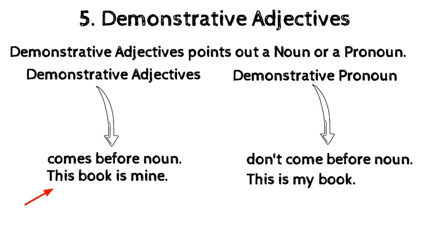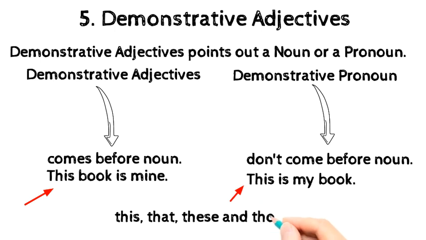So here in this example, the word this is a demonstrative pronoun, and it is followed by an auxiliary verb, that is. So this is one of the examples of demonstrative pronoun. And words such as this, that, these, and those are some examples of demonstrative adjectives as well as demonstrative pronouns.